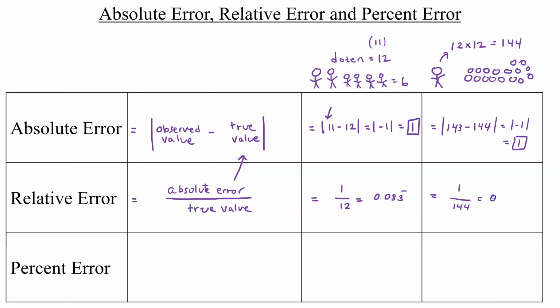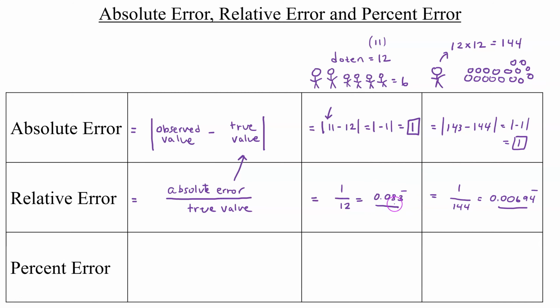And when you write this as a decimal, it's 0.00694 repeating. So what you can see here is this number here is far greater than this number here, meaning that the error was much more. The absolute error was the same, but our relative error, this is a higher error.